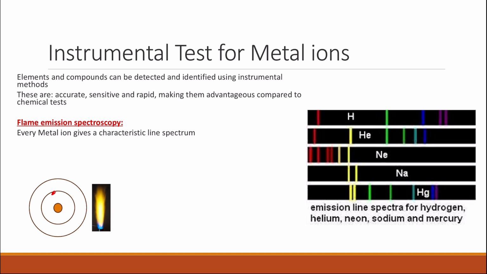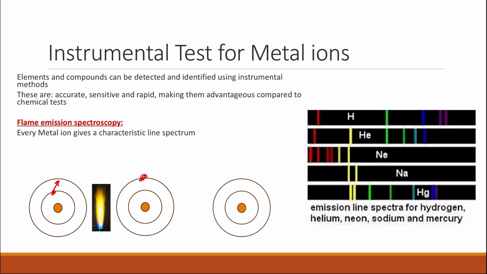When they are put in the flame, the electrons will absorb the energy from the flame, and will be promoted or excited from this energy level to a higher energy level.